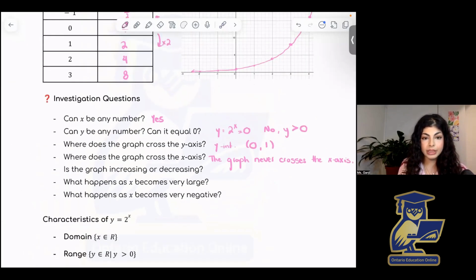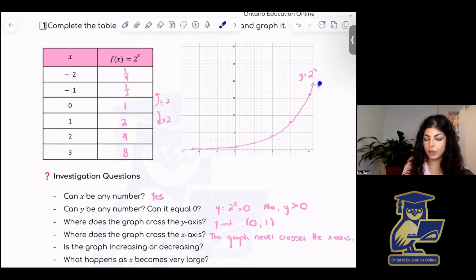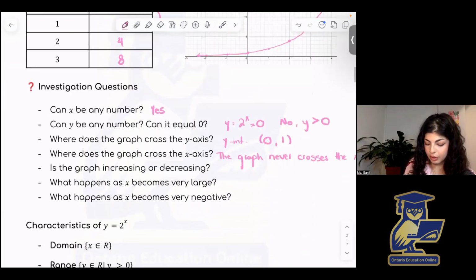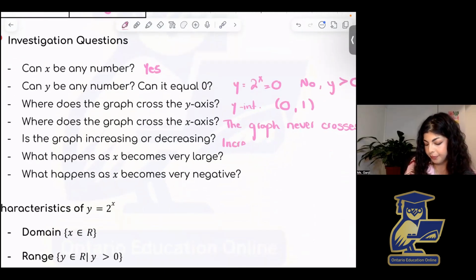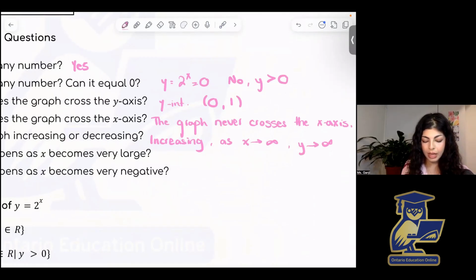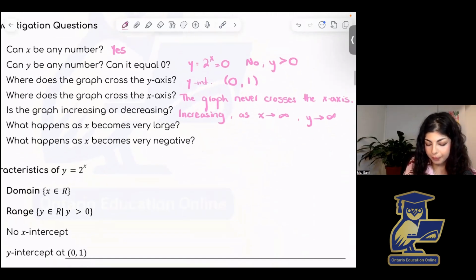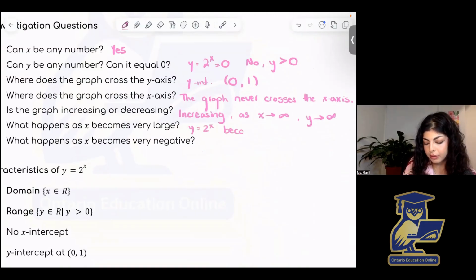Is the graph increasing or decreasing? We can clearly see that as x is growing, y is also growing. So this is an increasing function. And we say as x goes towards infinity, y goes towards infinity. So what happens as x becomes very large? We just said y, which is equal to 2 to the power x, becomes very large because it's growing.